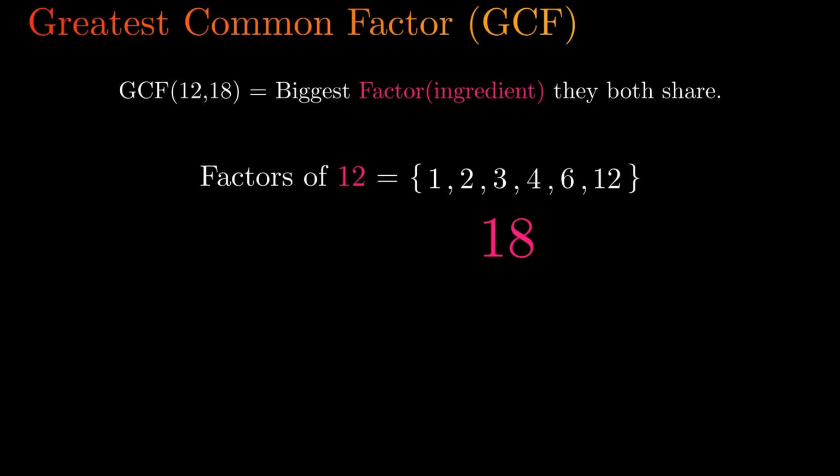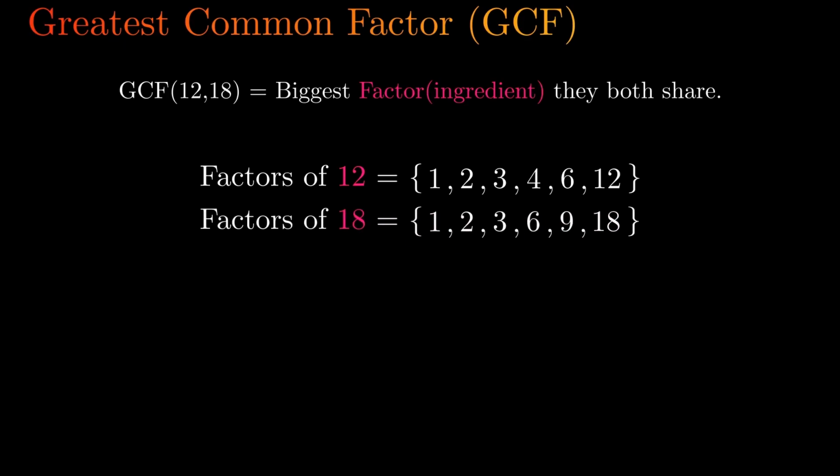For 12: 1, 2, 3, 4, 6, 12. For 18: 1, 2, 3, 6, 9, 18. Next, look for the matching numbers. They both have 1, 2, 3, and 6. Finally, pick the greatest one. It's 6. So the GCF is 6.